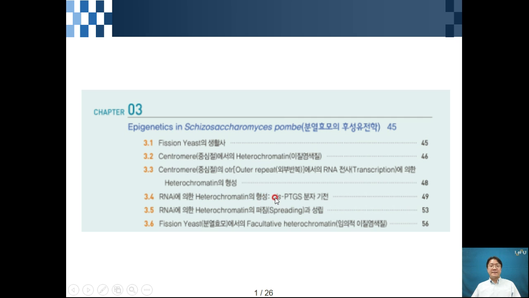We call it cis-PTGS. And we also learned about the heterochromatin spreading and maintaining mechanism. And finally, we learned about facultative heterochromatin. So today we will finish the class.